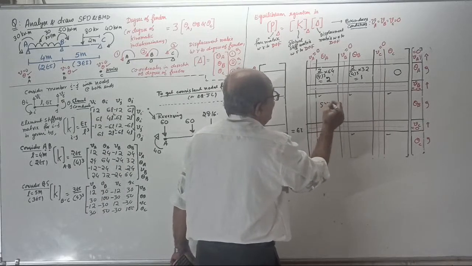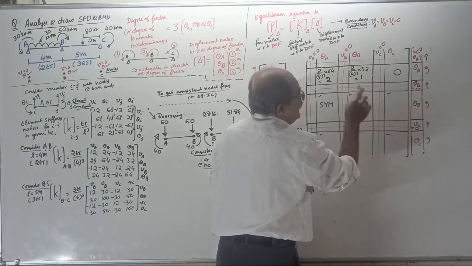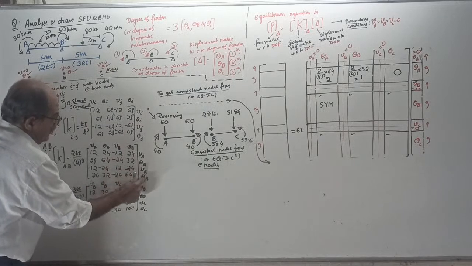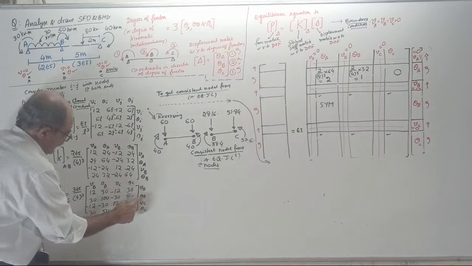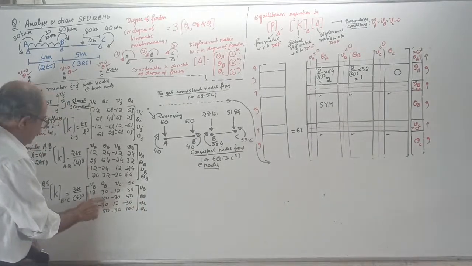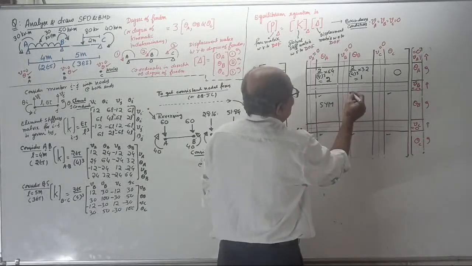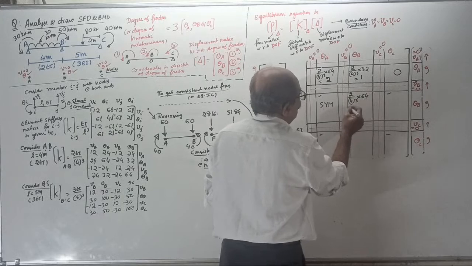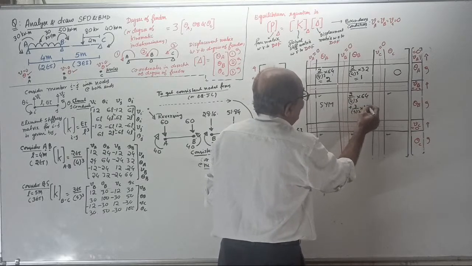Now, when you come to second row, first element, you need not calculate. Write symmetry. Second one, theta B with theta B. Theta B with theta B is 64 here and 100 here. For both of them, outside numbers. From the first one, 2 by 4 cube into 64 plus 3 by 5 cube into 100.